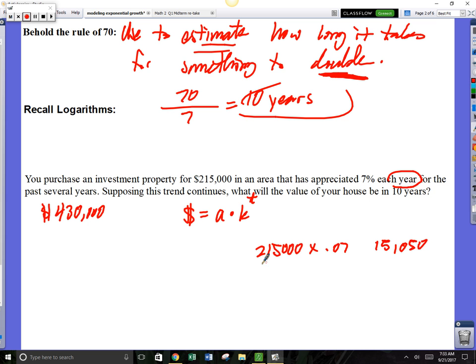But now I've got to take that money made, that 7%, and I've got to add it back to the 215,050. So now in year 2, I'm going to times this by 7%. So I'm going to find 7%, because now my house is not worth 215 anymore, it's worth 230.